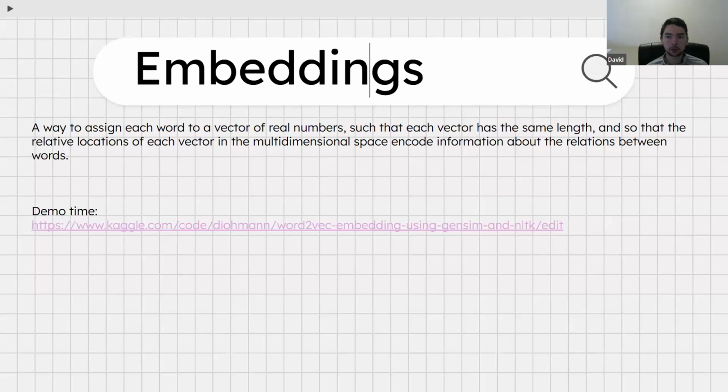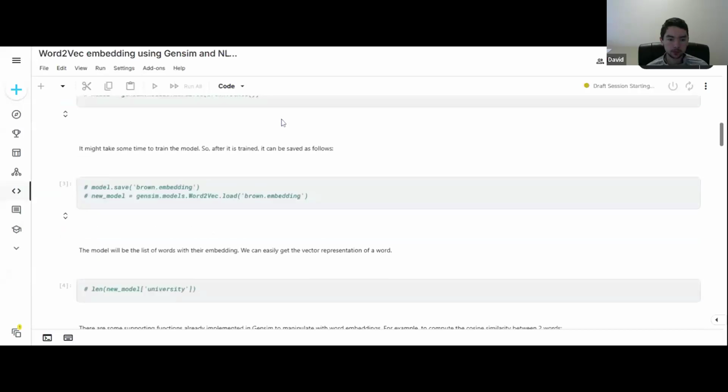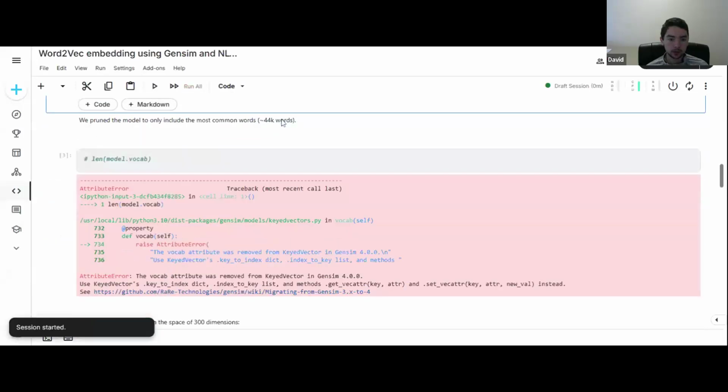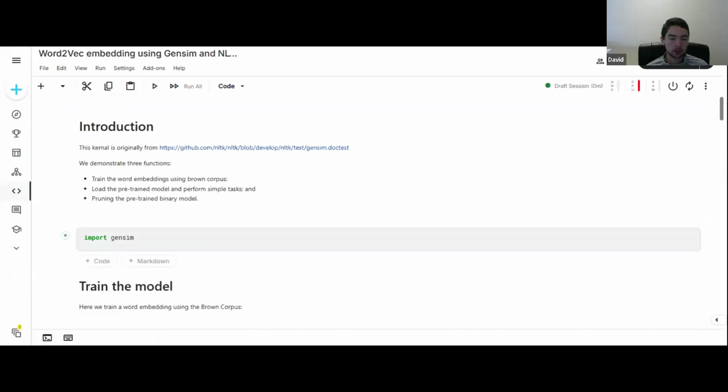Okay, cool, and I'll switch to that tab. Okay, cool, it's running right now. This website is Kaggle, by the way. They have a lot of competitions on basically data science and machine learning.